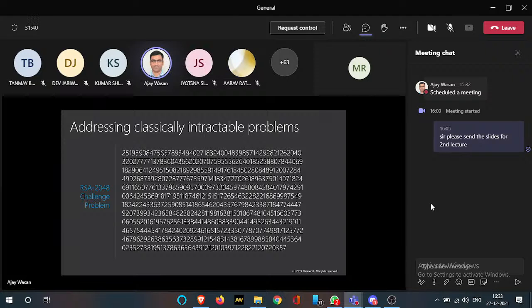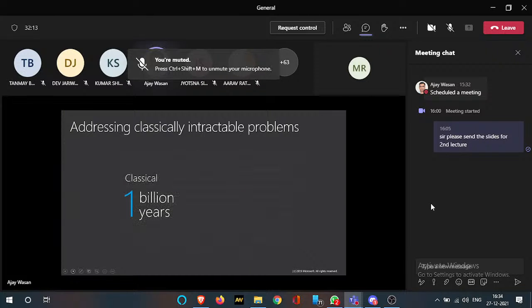So I'm showing you one number here. This has 2048 digits. And if you want to do the factorization of this number, as you know, if you write 10 is equal to 2 into 5, the factors of 10 are 2 and 5. So this big number is given here. It has 2048 digits. If you want to factorize it, a simple classical computer will take 1 billion years.